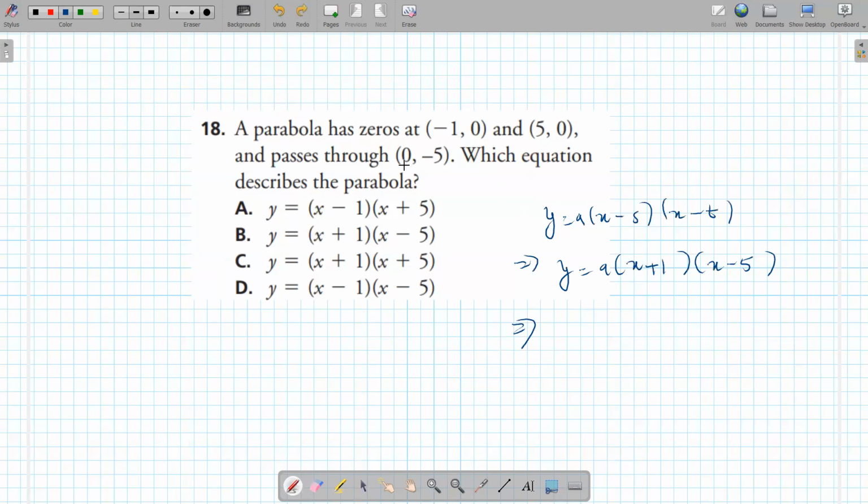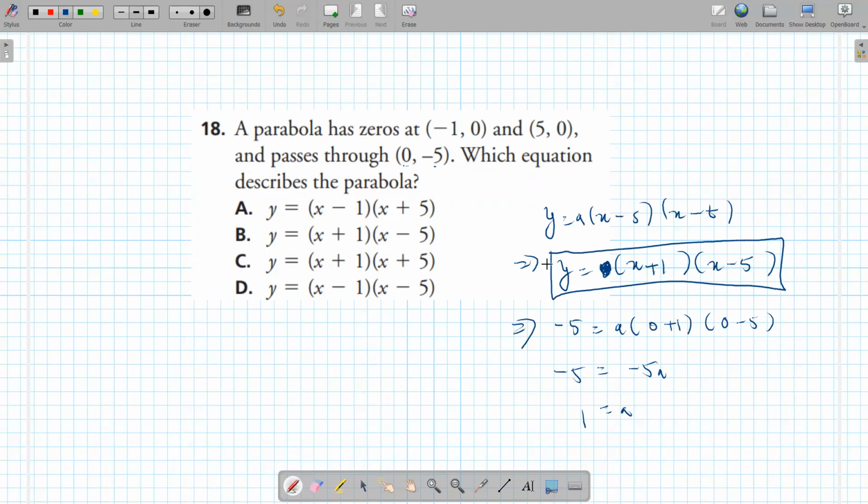To find the a value, you just plug in that coordinate as x and y. So you get -5a equals -5. That means a is 1. That means this is our answer. y equals (x + 1)(x - 5), which is option B. And we are done.